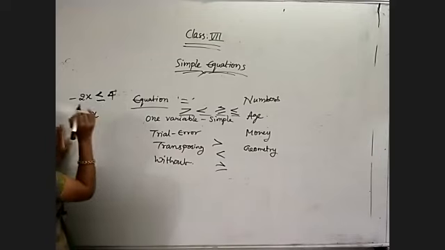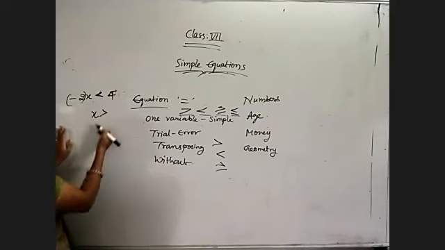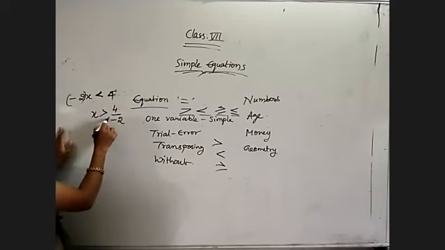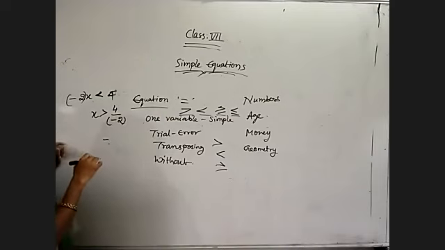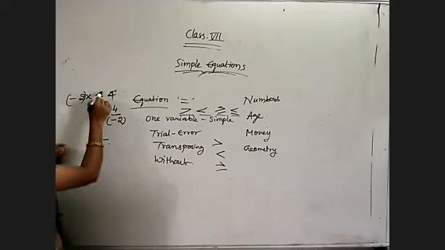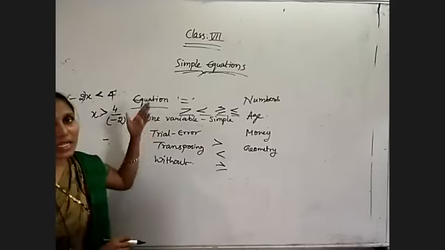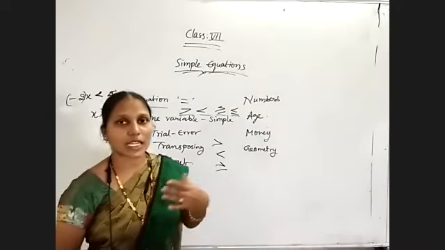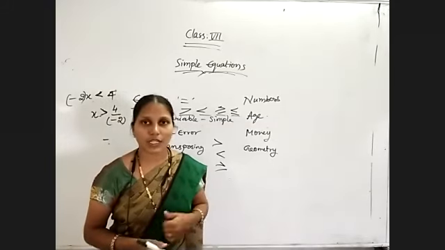Here I am dividing by a negative integer, so the sign will change to greater than, x greater than 4 by minus 2. Whenever you multiply or divide with a negative number, the signs will interchange. Remaining everything is the same in equations and inequations. The solution of the equation is nothing but finding the unknown value, and it is also called the root of the equation.